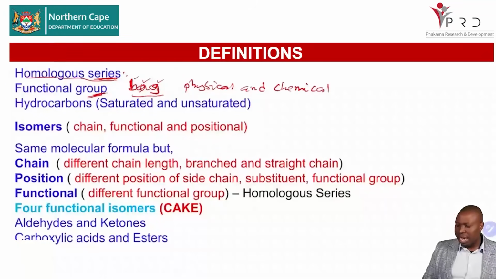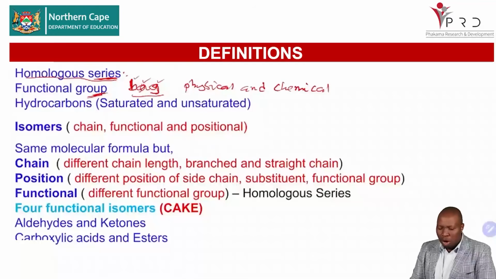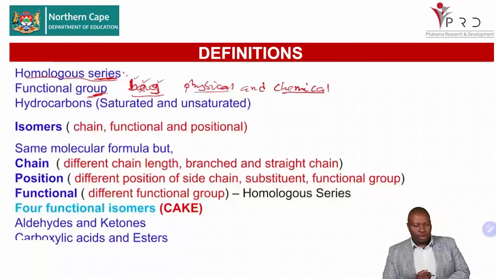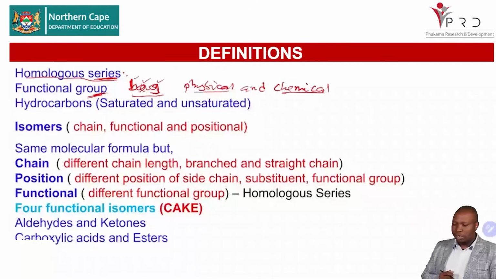How they react will depend on the functional group as well. So it's a bond, an atom, or a group of atoms that determine the physical and chemical properties of an organic molecule. So you are able to get that definition as well.